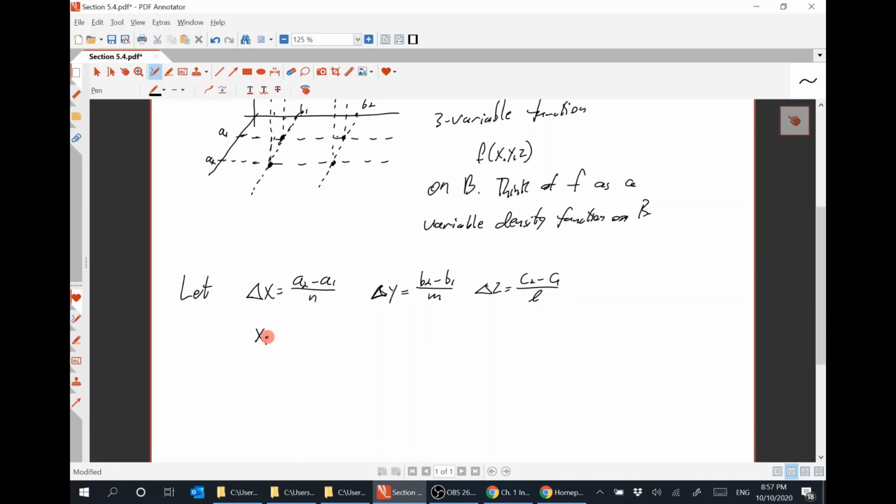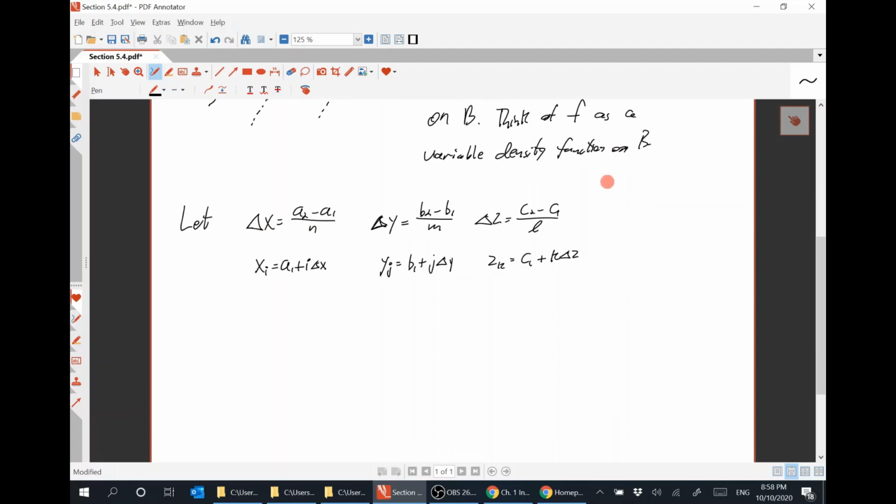Right, and xi is equal to a1 plus i delta x, yj is equal to b1 plus j delta y, and zk is equal to c1 plus k delta z. So we've cut up the interval on the x-axis, y-axis, and z-axis into subintervals of equal length.